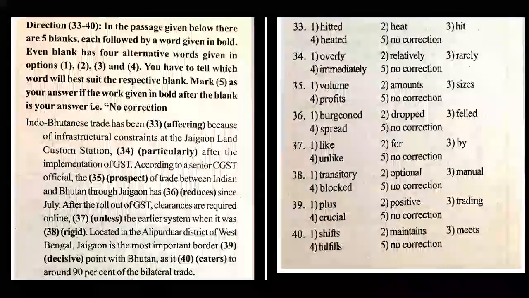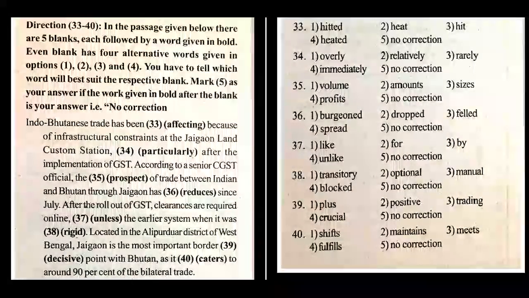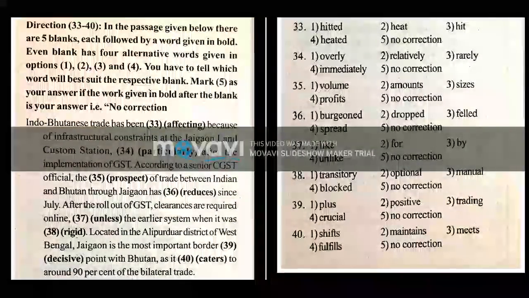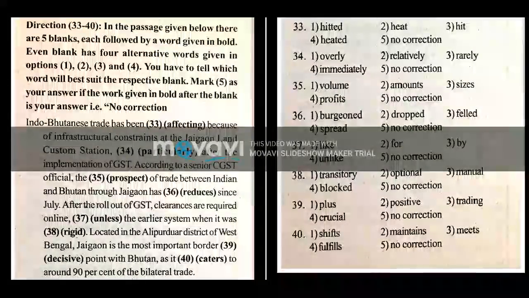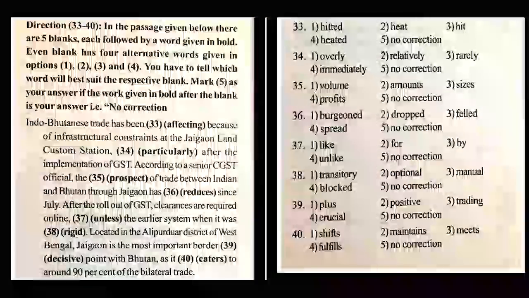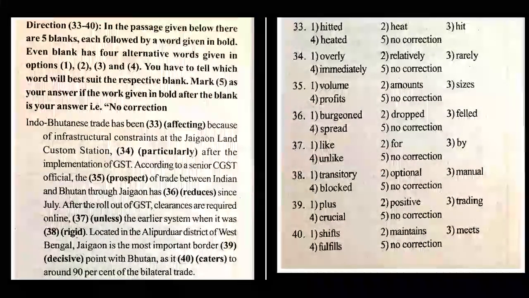Please focus on here. After Jaigan, Hajj has been mentioned. Hajj. Indirectly, it tells us that the subject that will come in blank number 35 should also be singular, because it has to agree with Hajj.